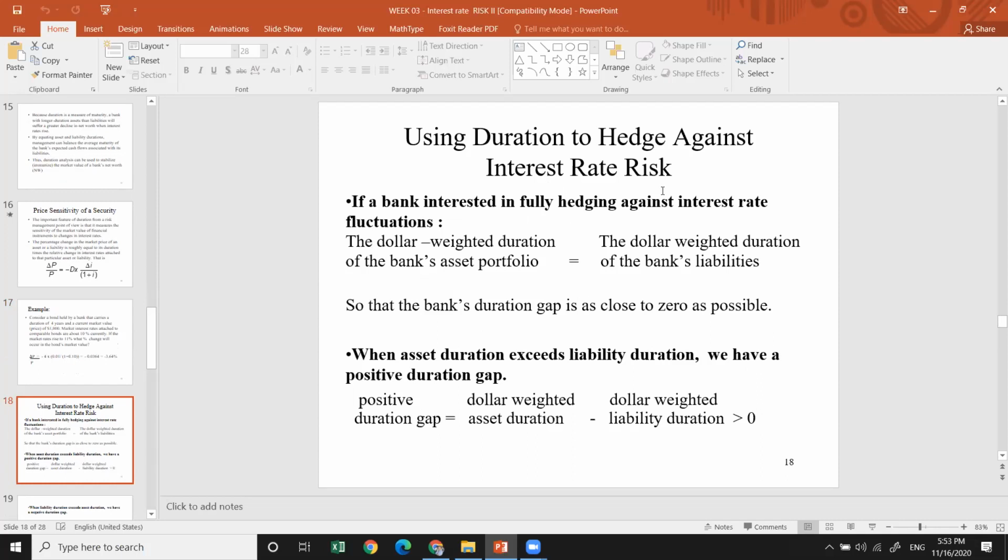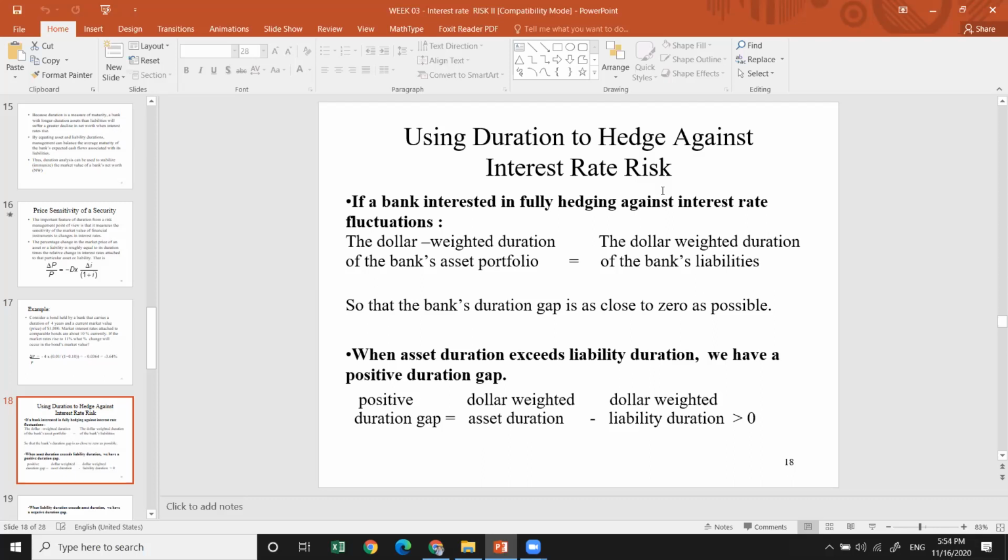So using the duration to hedge against any changes in the interest rate risk. If the bank is interested in fully hedging against interest rate risk fluctuation, they have to use the following: the dollar weighted duration of the bank's asset portfolio equal to the dollar weighted duration of the liabilities.